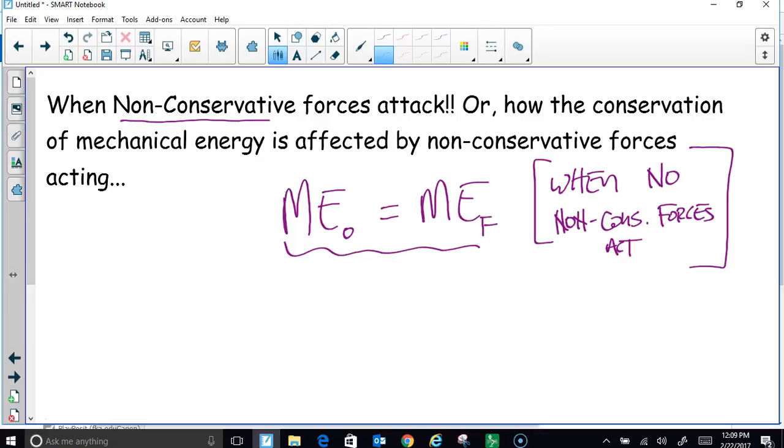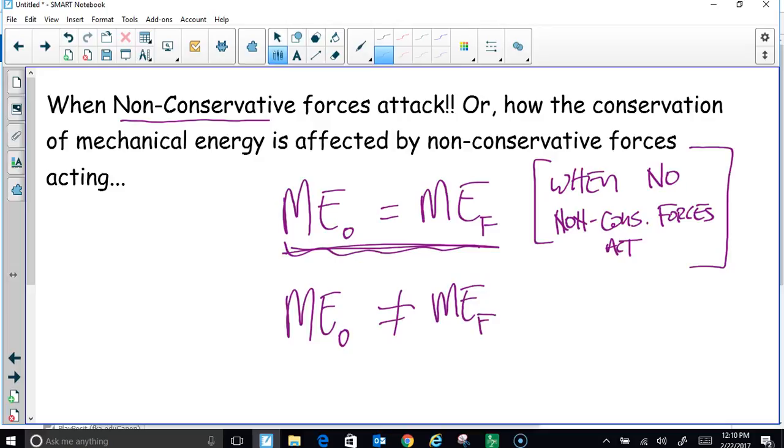Well, if non-conservative forces act, if friction acts, or somebody pushes on this thing, what will happen is this will not be true. By its definition, that means the mechanical energy initially will not equal the mechanical energy final.